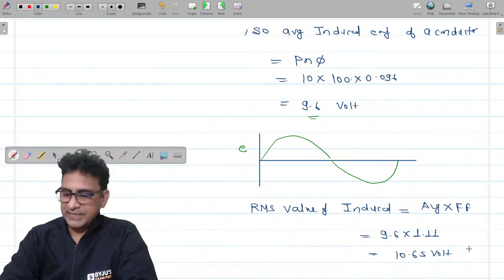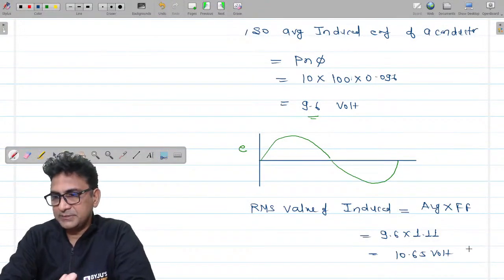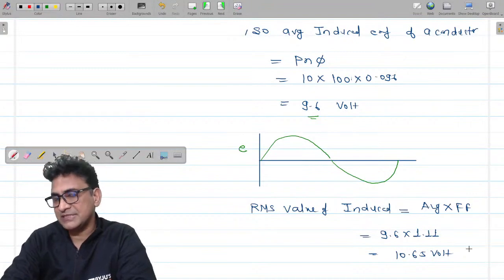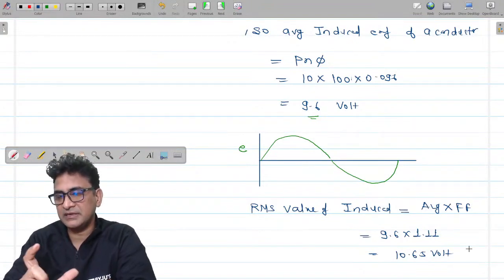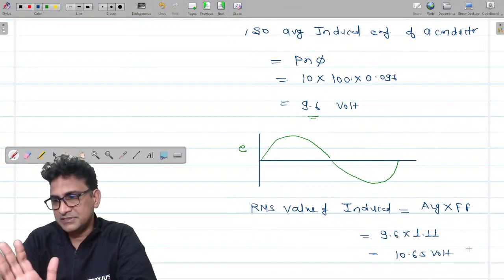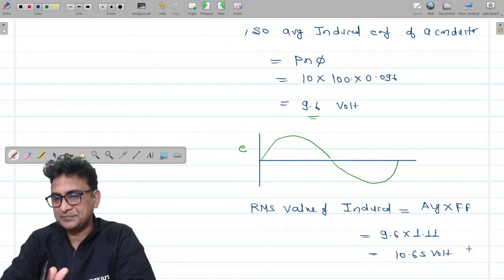So do not use any pitch factor or any distribution factor if the question asks to find out the induced EMF in a single conductor, because the single conductor does not have any pitch factor or distribution factor. Clear?